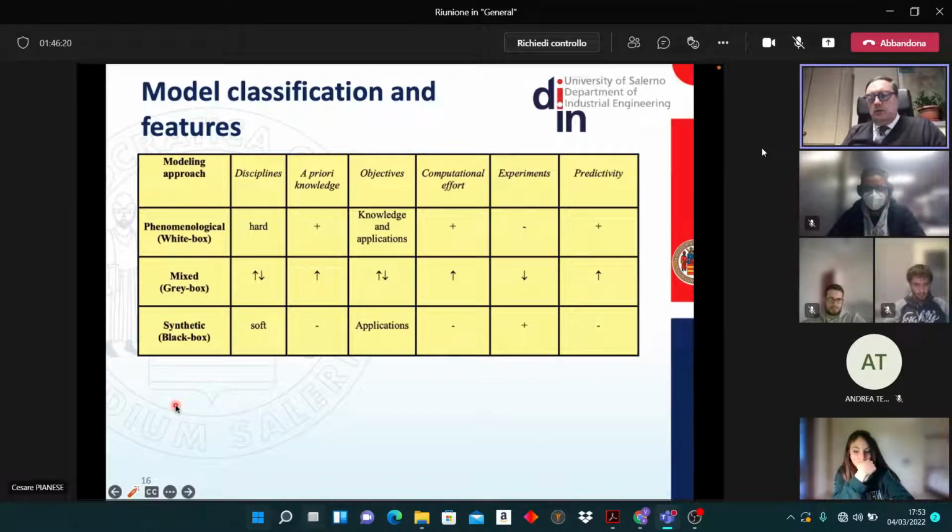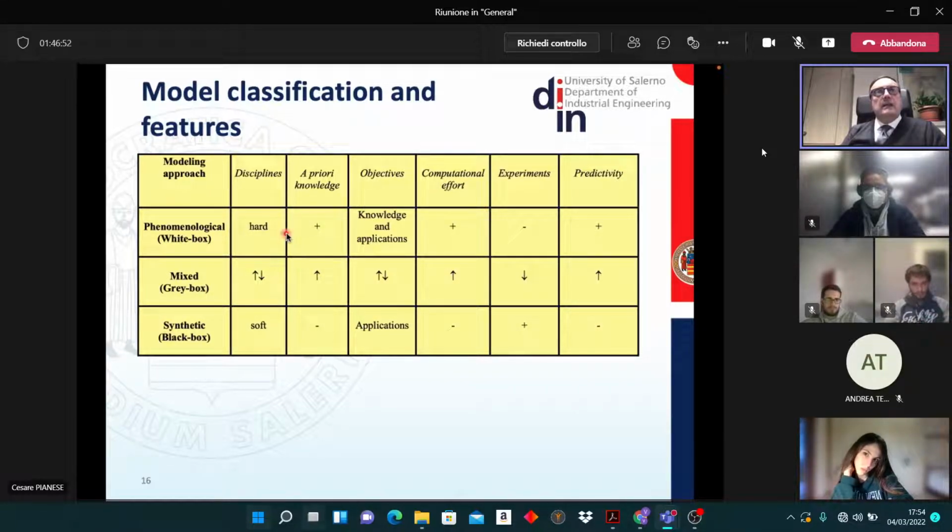If we go back to the model classification, we must consider the modeling approach we have seen before. So we have phenomenological models, which are white box models at one end, and at the other end we have synthetic black box models. So we have mixed gray box in the intermediate level.